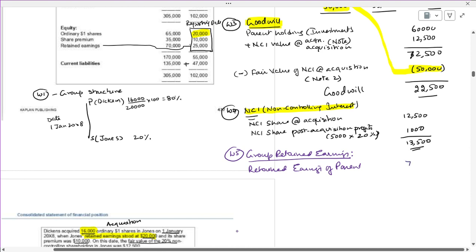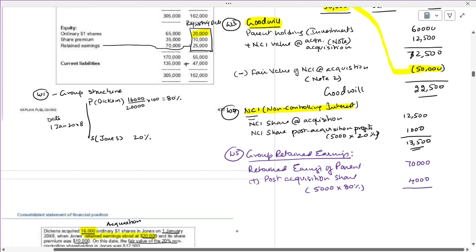70,000, plus the post acquisition share. How much is the post acquisition share? 5,000 times 80%. How much is there? 4,000.